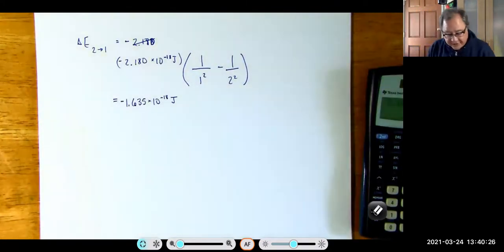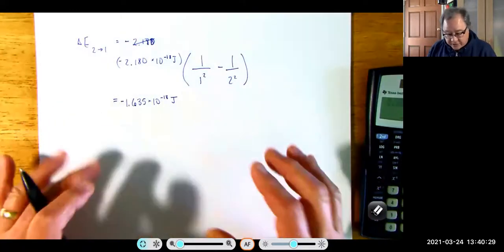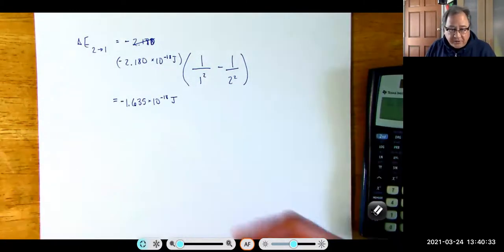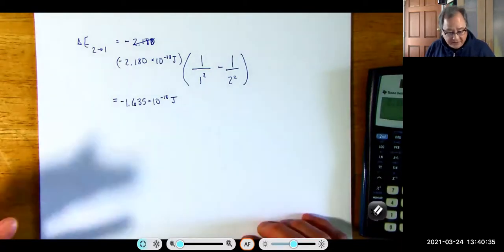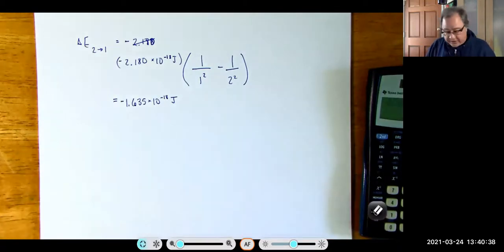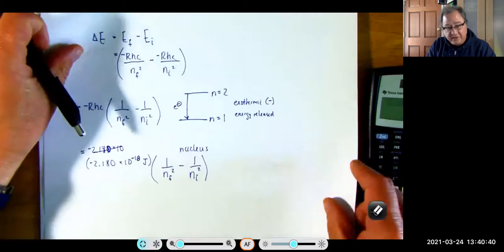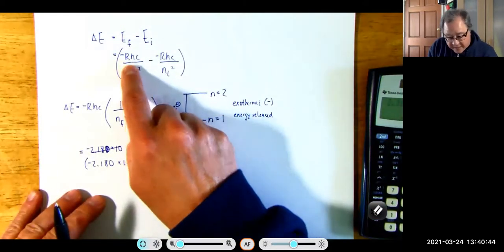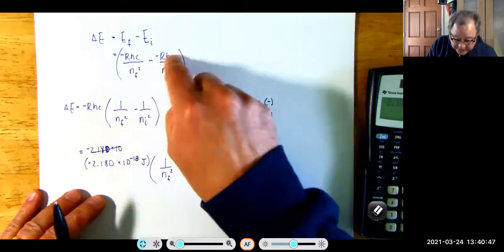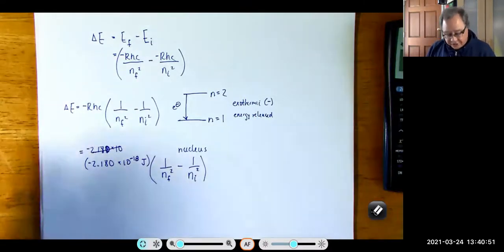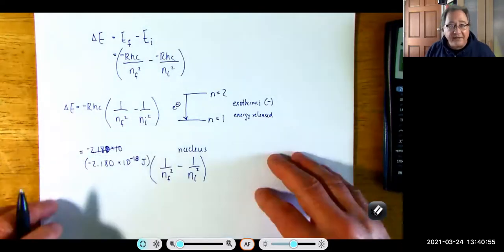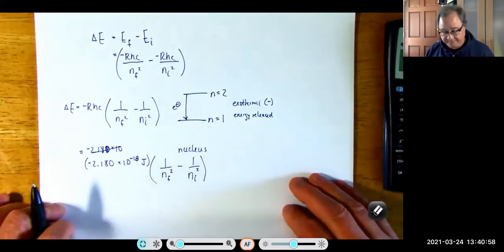So this is one of those instances, again, where with the algebra, it's easier to clump things together that are easier to deal with, like the negative RHC. Right. So if you look at the original equation here, rather than do negative RHC here and then divide it by n final squared and then do negative RHC here and then keep track of the sign, it's easier to compartmentalize these things, or get everything grouped together in easy to handle bundles.